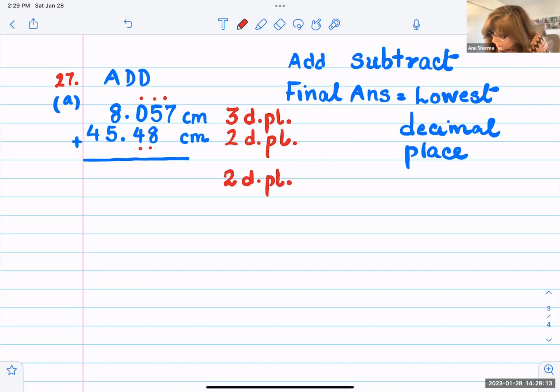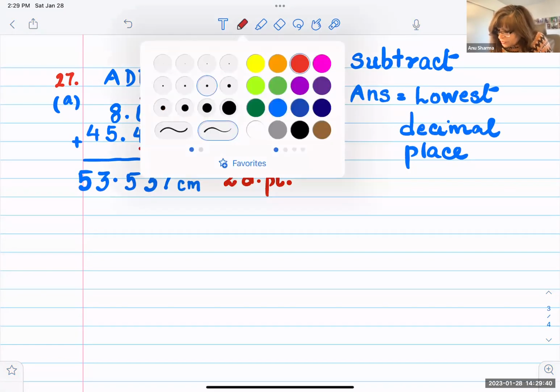Now let's do this addition. So here we have 7, 8, 13, 5.13, 5. So this is your answer after you add. Now we need to keep only 2 decimal places.